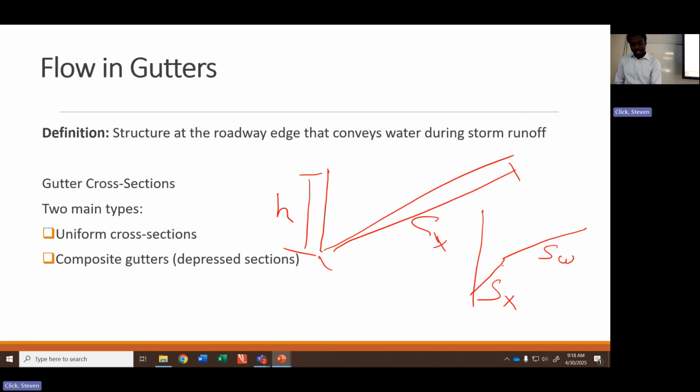Because of this section, you can limit the width of the part that has a steep slope along the edges of the curb and have this shallow slope along this area that can be used by the cyclists. But for the uniform cross section, the slope has to continue towards the edge of the travelway. That makes it much more difficult for cyclists to use those road sections.